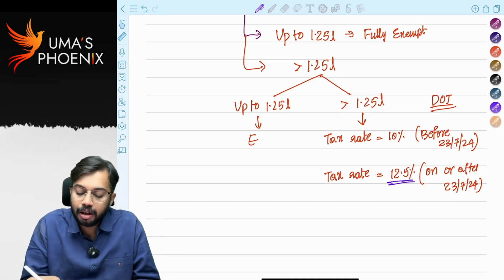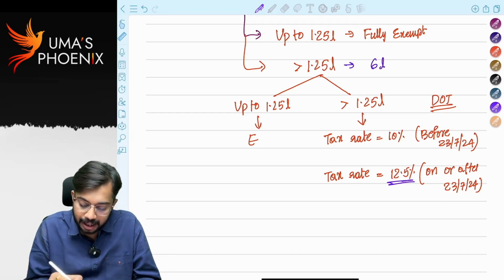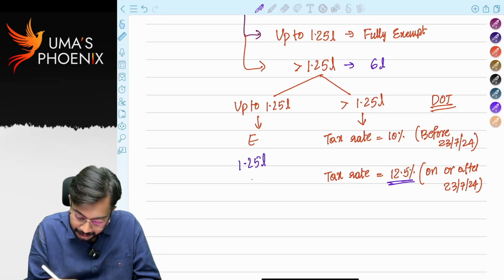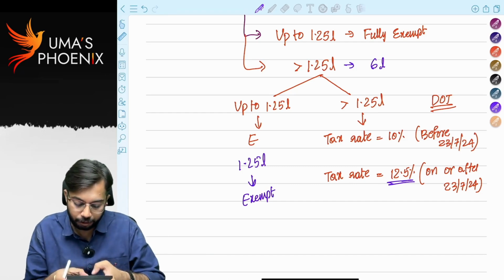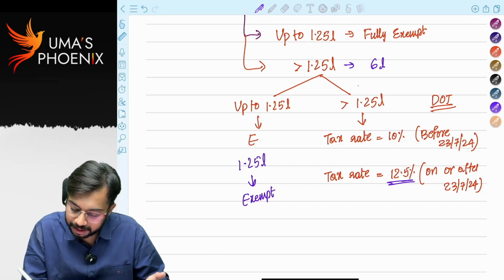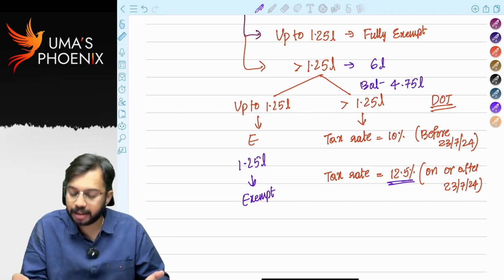For example, long-term capital gain under section 112A is 6 lakhs. Out of 6 lakhs, 1.25 lakhs is exempt. Balance how much? 6 lakhs minus 1.25 lakhs, it is 4.75 lakhs. So the balance is 4.75 lakhs.